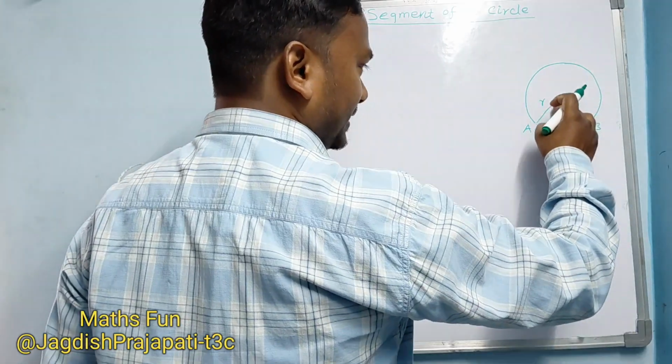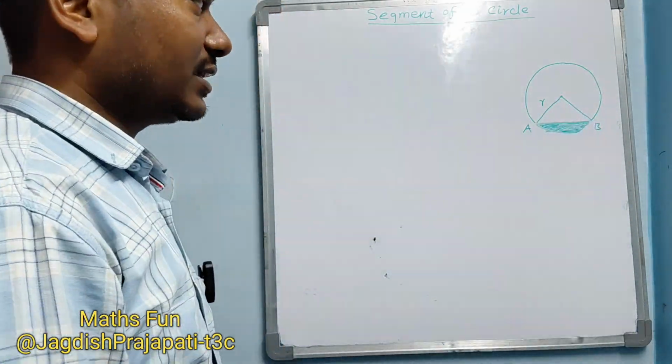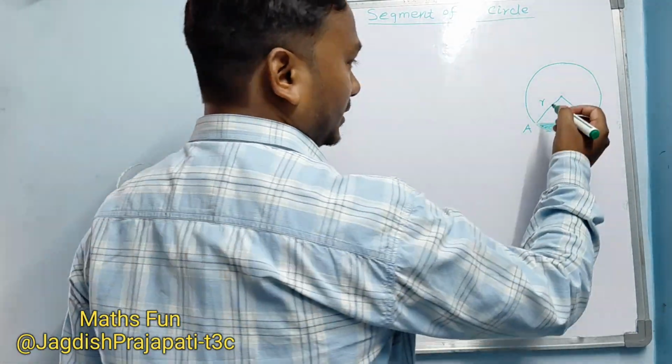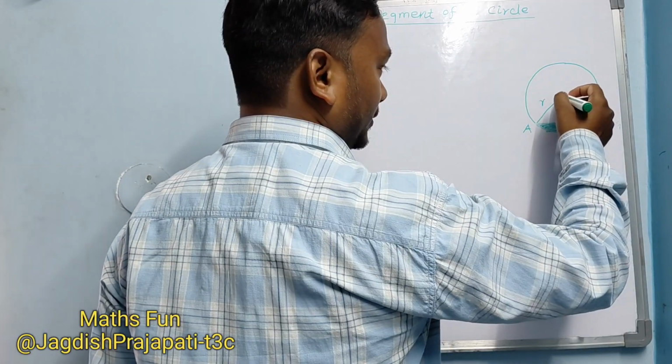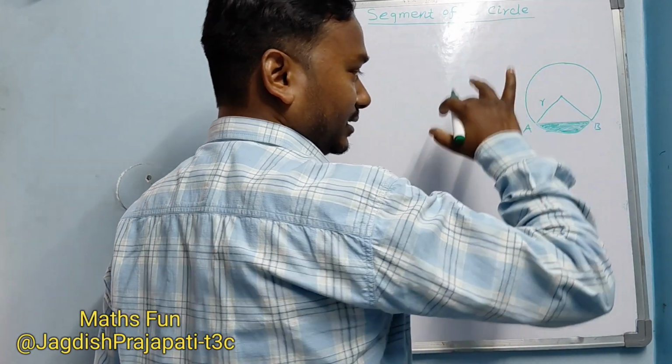This whole area is the sector of the circle. This is the minor sector, and you know that this is the major sector, as we studied in the sector of a circle.